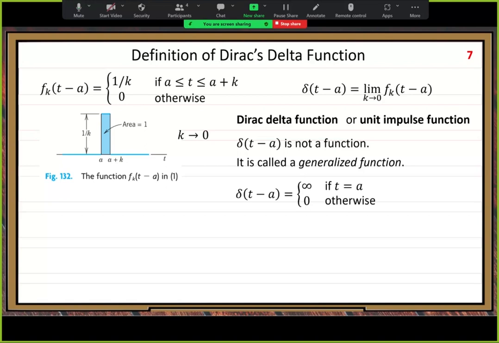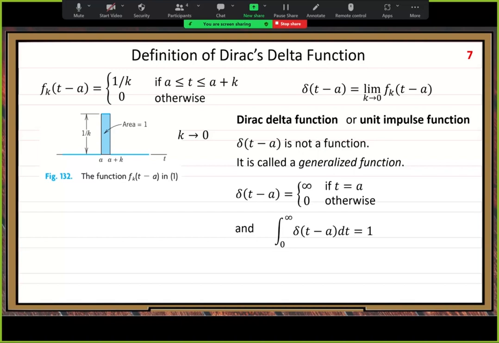Then it has a main property: its integral, delta of t minus a, from 0 to infinity is constant 1. It's a unit. That's the area, right? That's how we calculate the area covered by this function, the unit area.